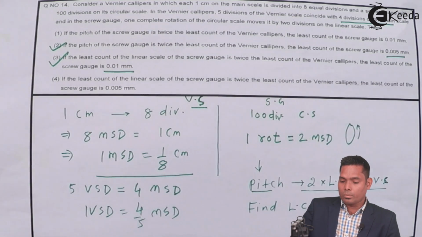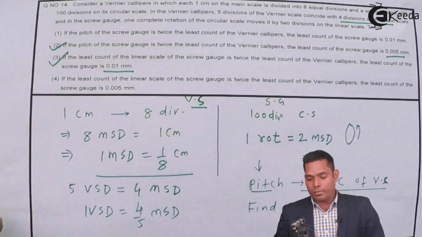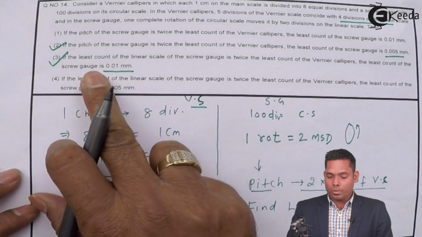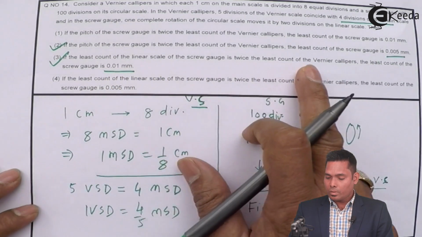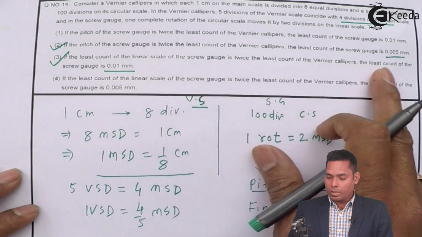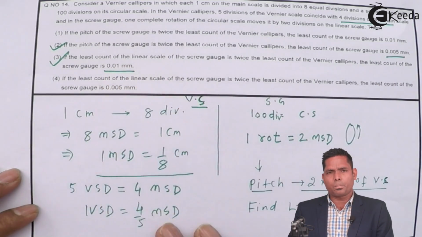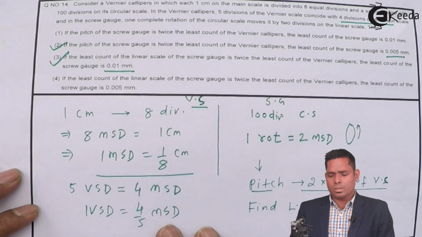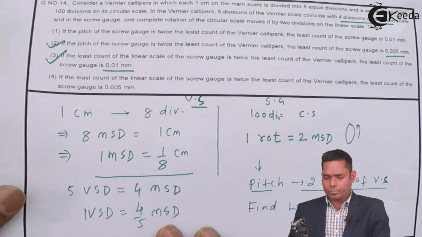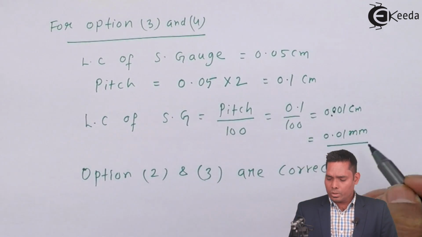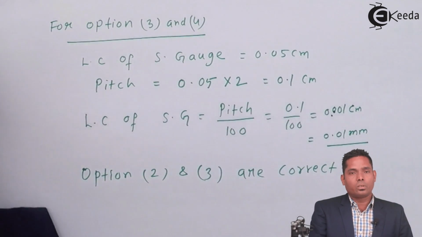Then the least count of the screw gauge is the pitch divided by 100. In this case the pitch is 0.1 divided by 100. So this is the answer to this question. So thank you.